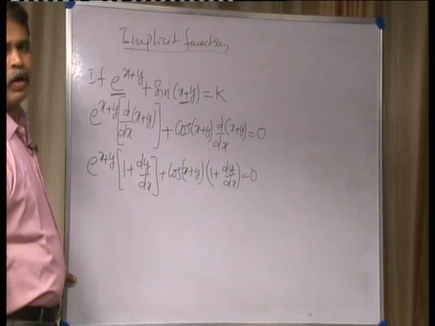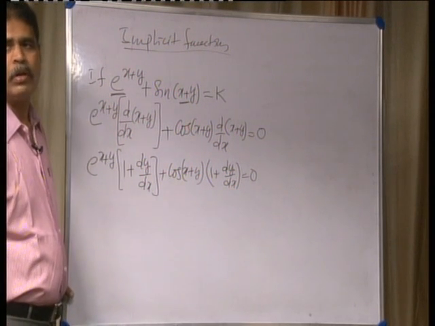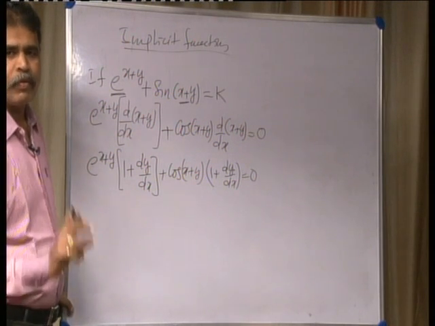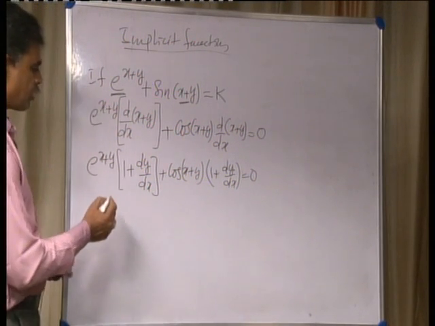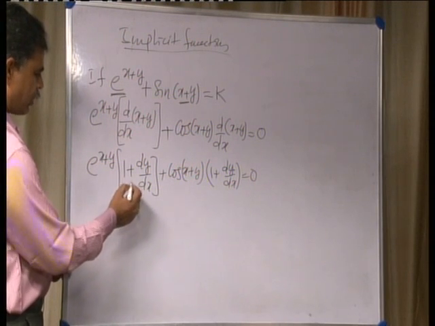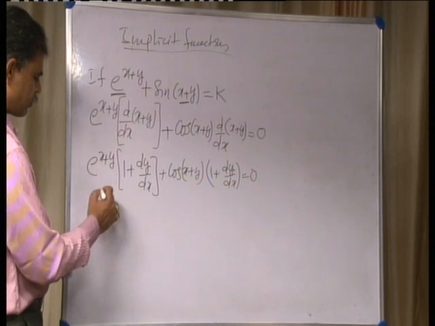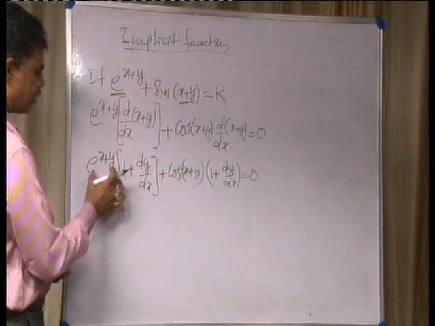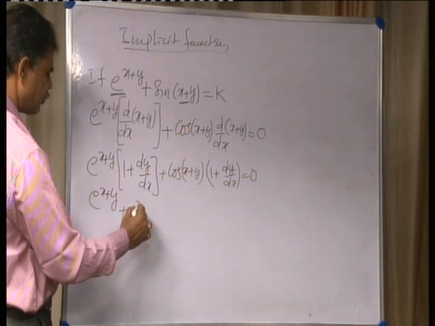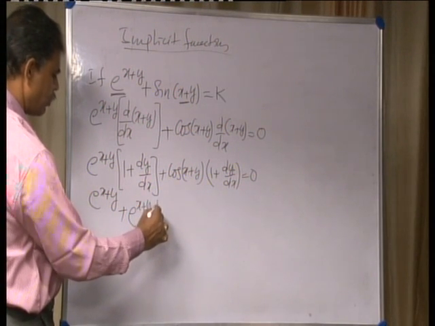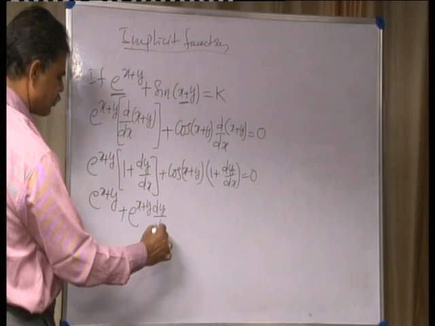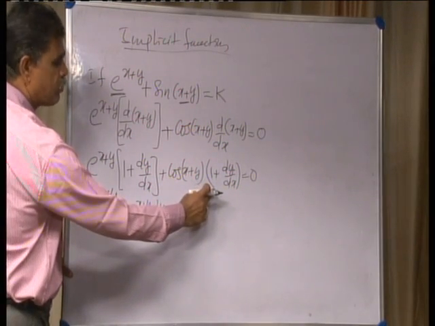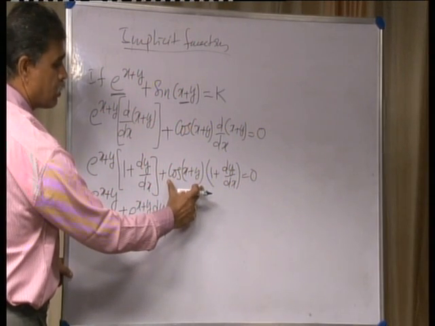Now, we have differentiated the whole terms. What is our next job? We have to simplify for dy by dx. Hence, we have to remove all the brackets. 1 into e to the power of x plus y, e to the power of x plus y, plus dy by dx into e to the power of x plus y, that is e to the power of x plus y into dy by dx, plus again here also we have to remove the bracket. 1 is multiplied with cos of x plus y.